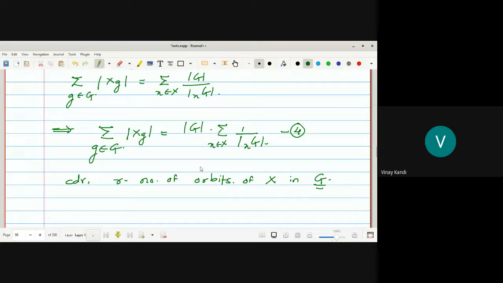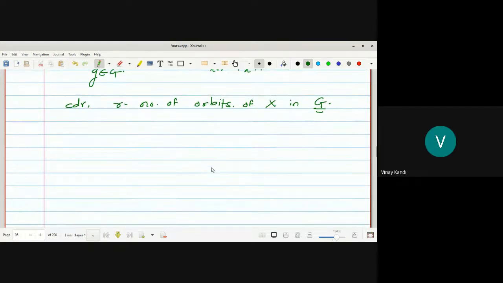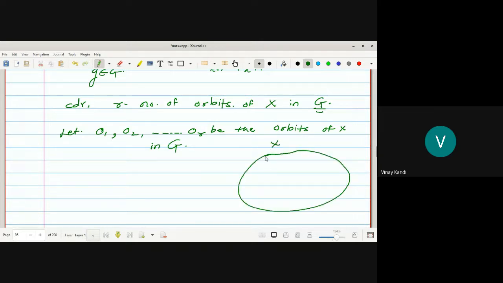So R is the number of orbits of x in G. Let us suppose O1, O2 up to OR, these R orbits are there. These are the R orbits of capital X in capital G. Suppose this is capital X, with O1, O2 and so on up to OR.